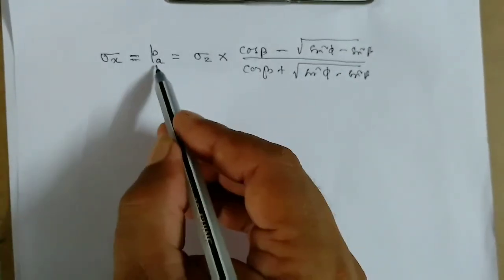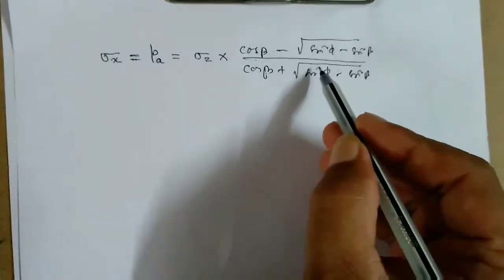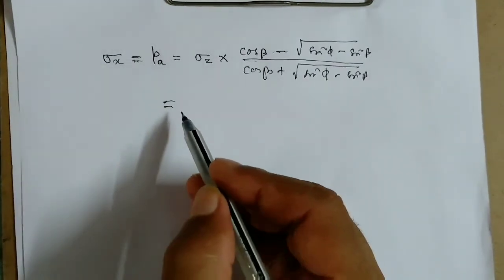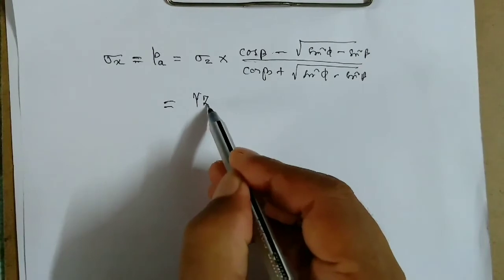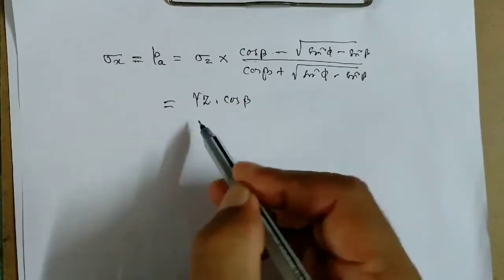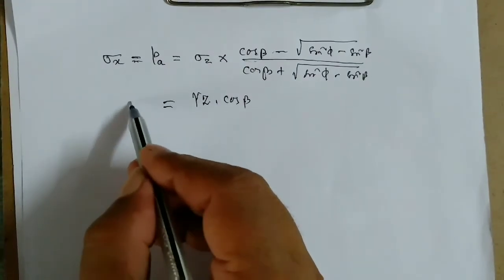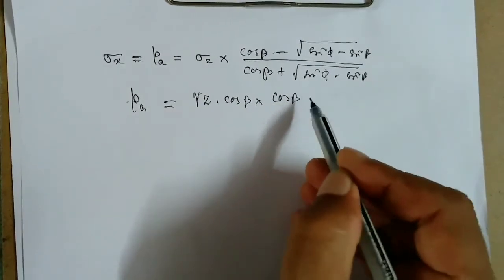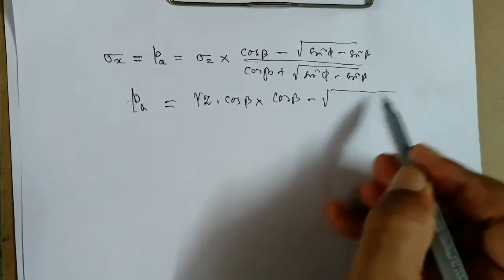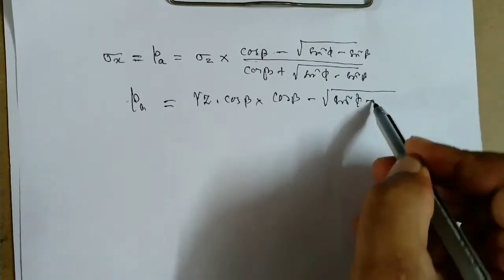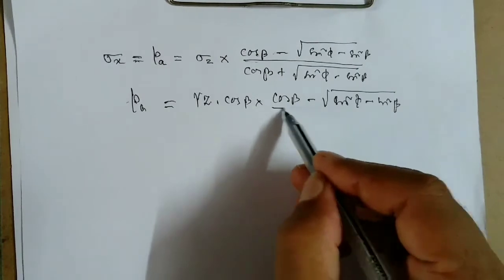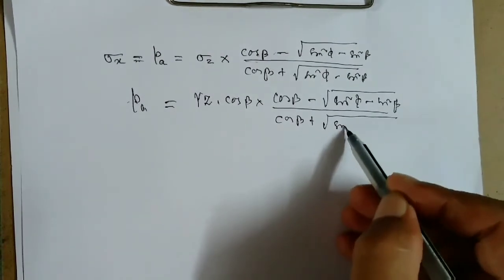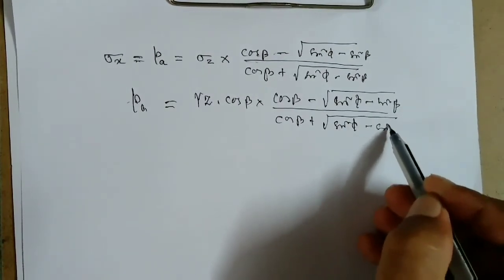And we'll write sigma x as Pa, active earth pressure. It becomes sigma z, and because sigma z has already been determined as gamma z cos beta, now active earth pressure is gamma z cos beta into cos beta minus root over of sin square phi minus sin square beta, by, again, cos beta plus the same root over sin square phi minus sin square beta.